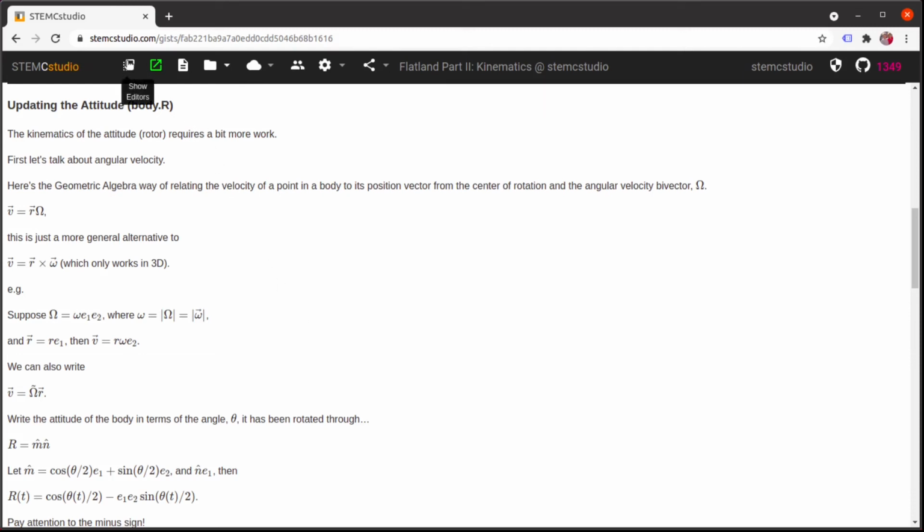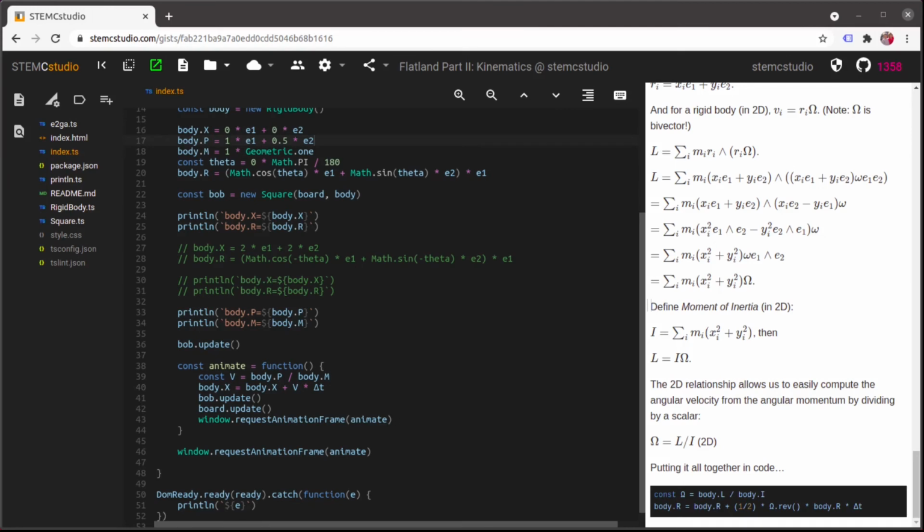So I'm going to bring back the code. Now we're ready to do the final step in our animation, which is to change the attitude of the body in response to the fact that it has an angular velocity. So we need to add to the body the angular momentum property.